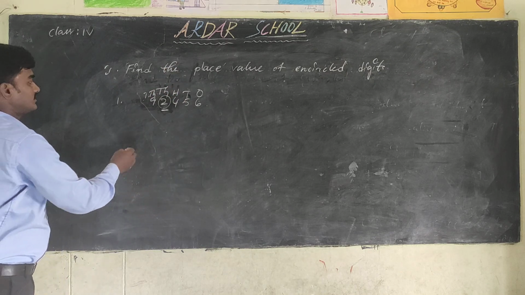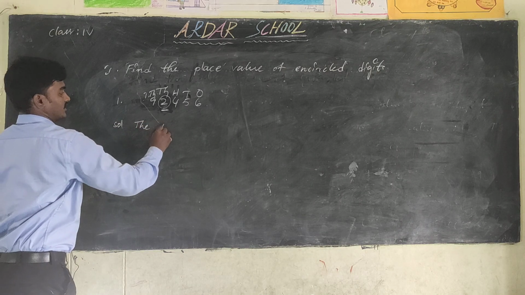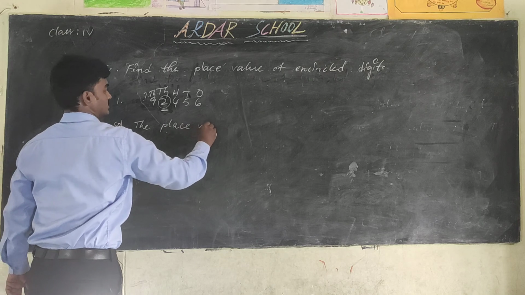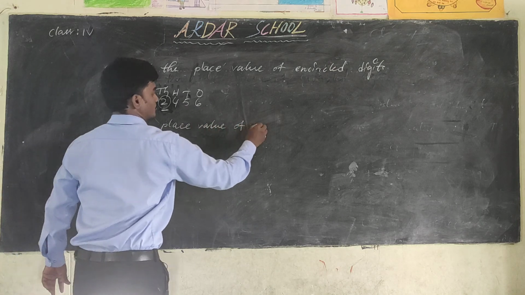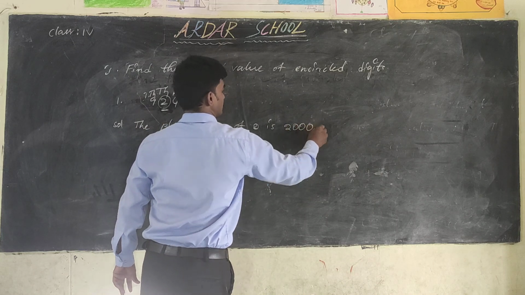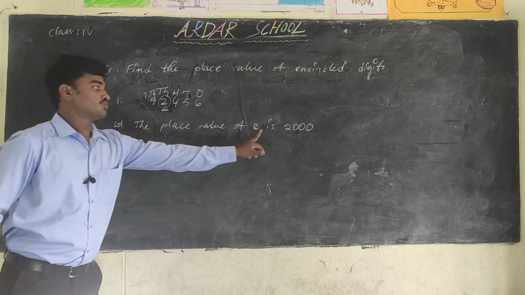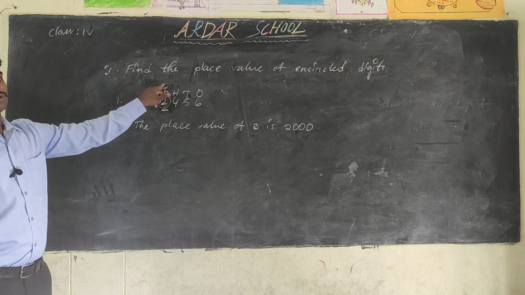So that's why the place value of 2 is 2000. Why is the place value of 2 2000? Because 2 is at thousands place.